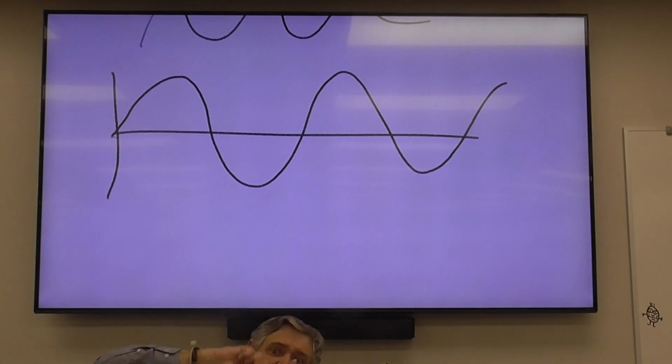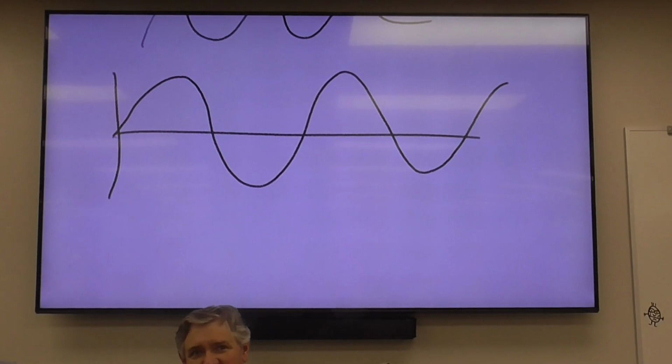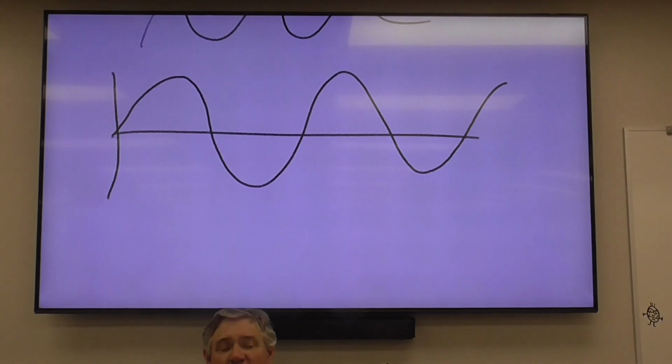Because if light only did this, we'd never be able to see anything. If those light bulbs emitted photons that just did this, we'd be in darkness. But conveniently, when they emit those photons, not only do they do this, they also do that. That's one of the cool things about our universe, because that's what allows us to have energy from the sun.